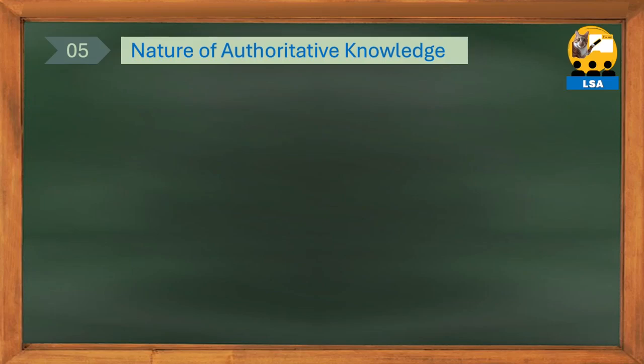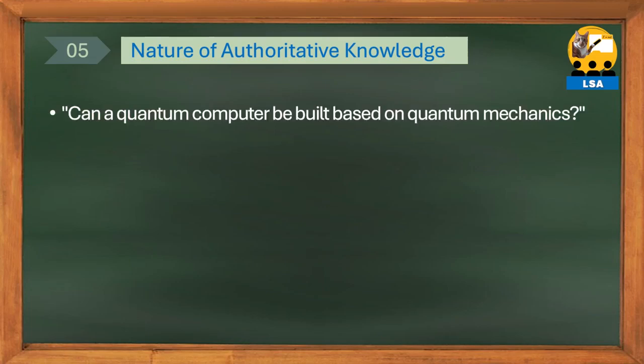How about this question? Unlike historical facts, can a quantum computer be built based on quantum mechanics? This question is very difficult, but we answer yes. Why? Because authorities in this field tell us it can be done, so we rely on that authority and accept it as true.